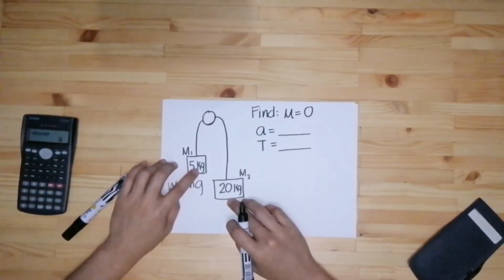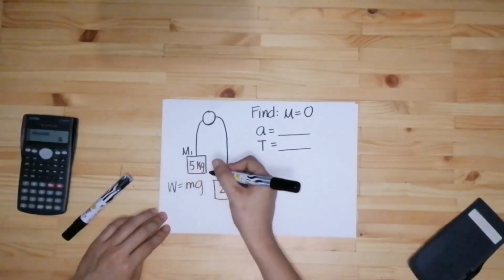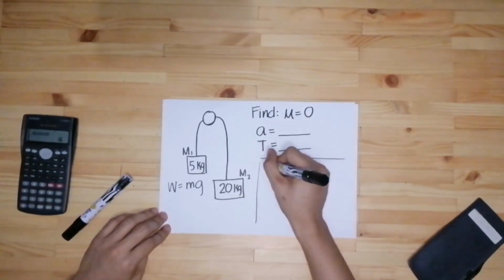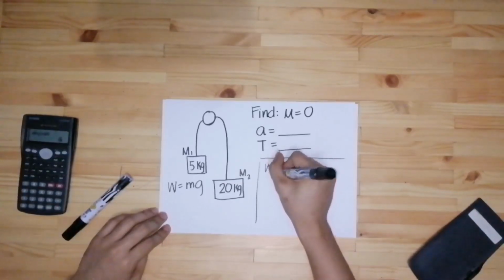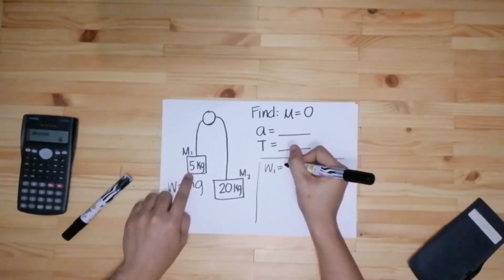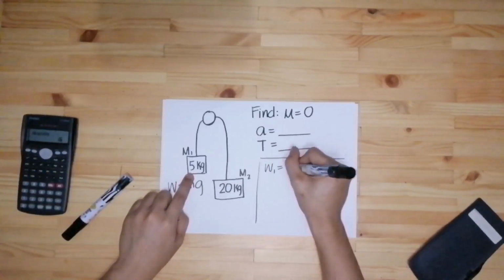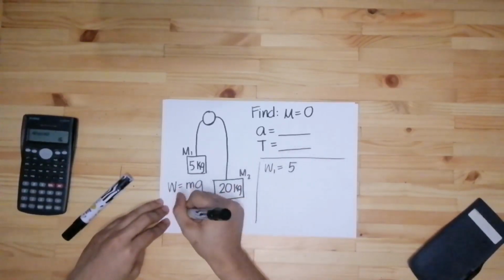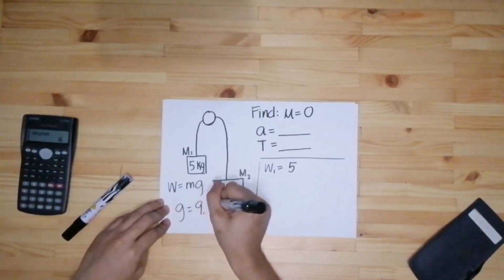Ano ang weight ng 5 kilograms? This is not the weight already. It is just the mass. So to get the weight, computin lang natin. Weight 1 na lang natin. So mass 1 is 5 times yung G, G is equal to 9.8.